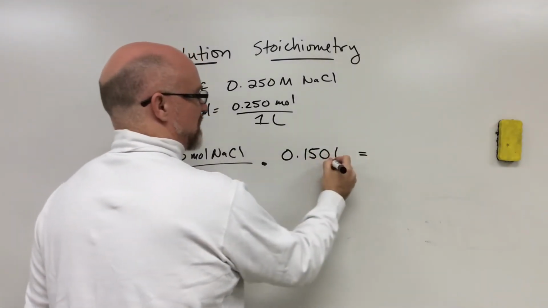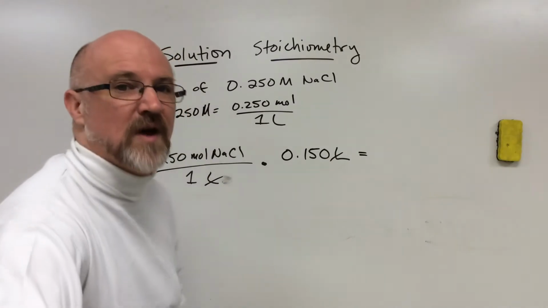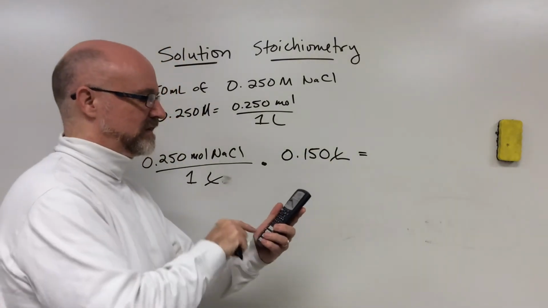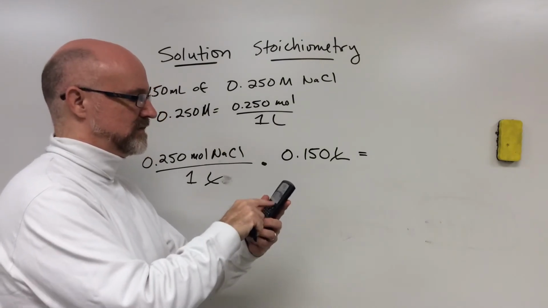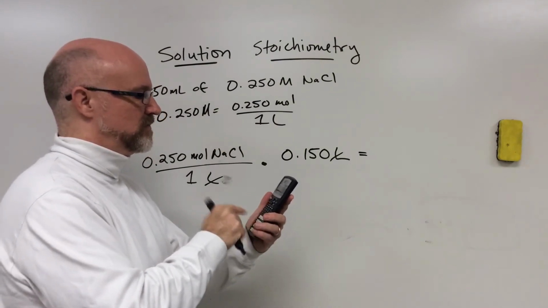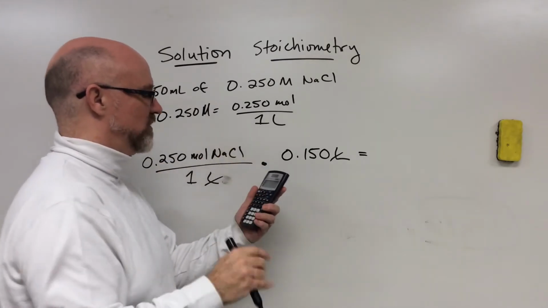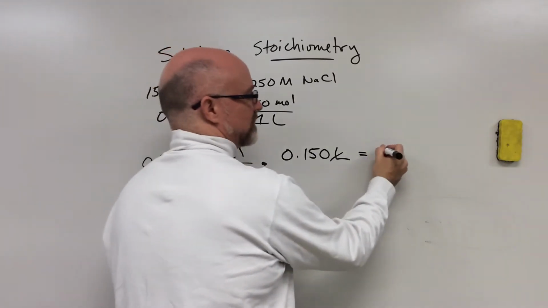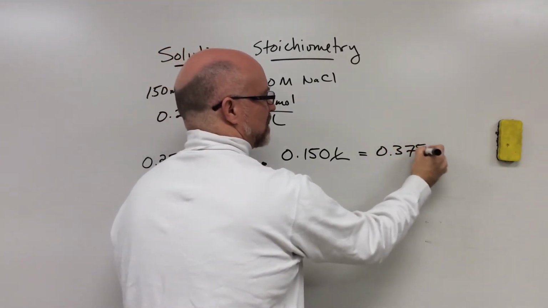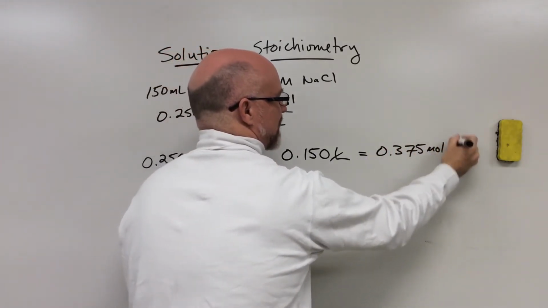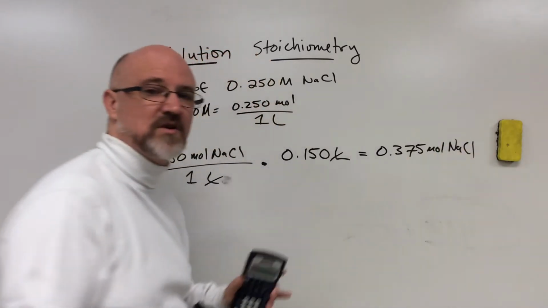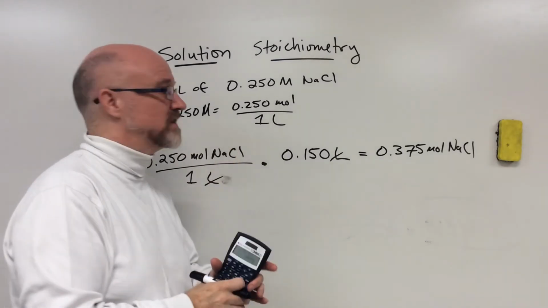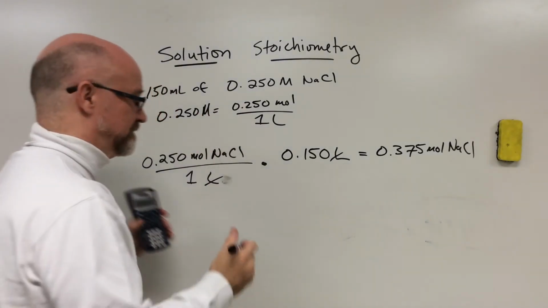So when I do this math, grab the calculator, 0.25 times 0.15 gives me 0.0375. So that's how many moles of sodium chloride, of salt, I need in 150 milliliters to have this concentration solution.